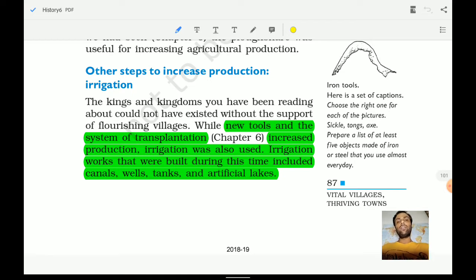So better farming was the only resource, right?